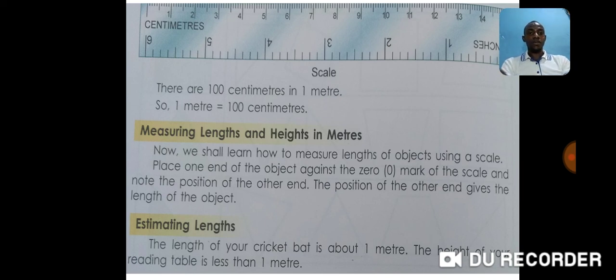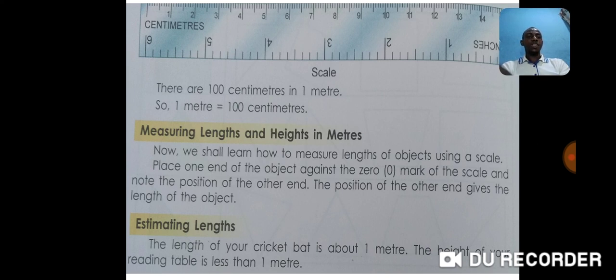Now, we shall learn how to measure lengths of objects using a scale. Place one end of the object against the 0 mark of the scale and note the position of the other end.